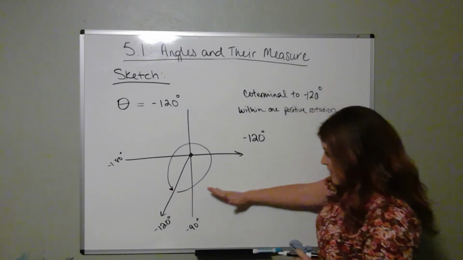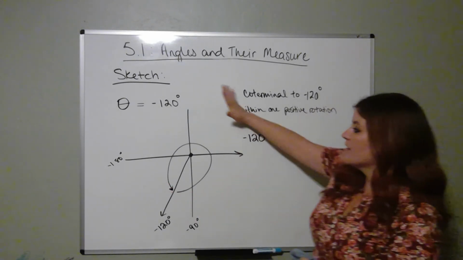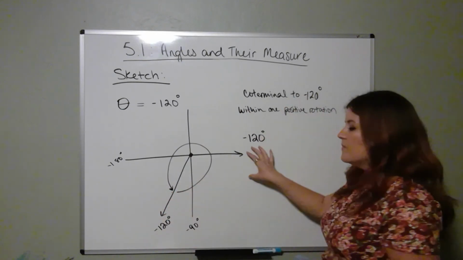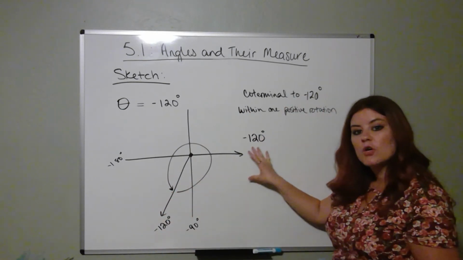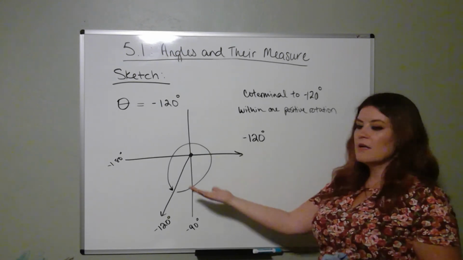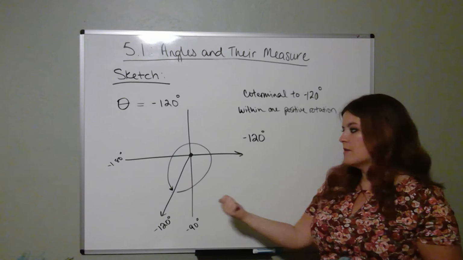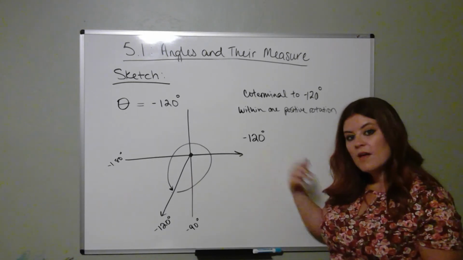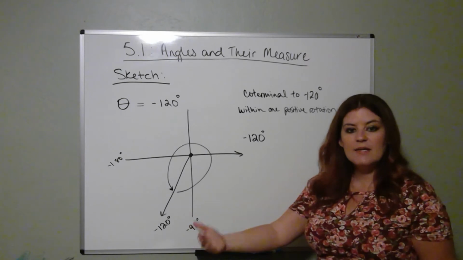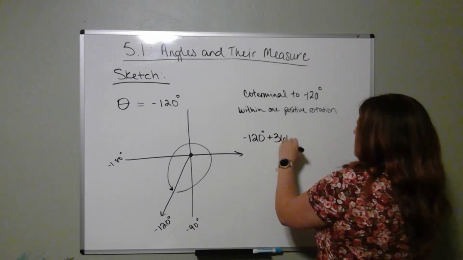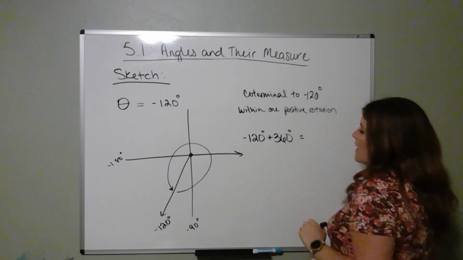Well, I take care of my negative part and then I start going around to a positive angle, right? So if you've got a negative value and you want a coterminal angle, add a rotation. So if my angle was large, I subtracted a rotation and I got there. If my angle is really small, like negative, I'm going to add a rotation and get to where I want to be. So let's add 360 this time. What happens?